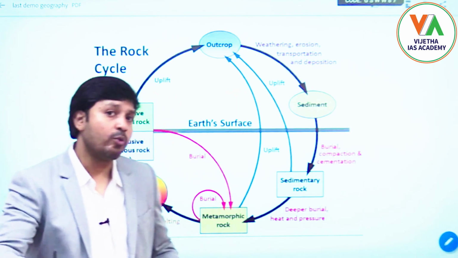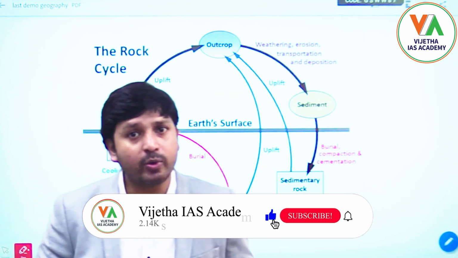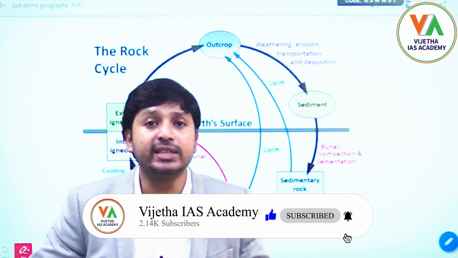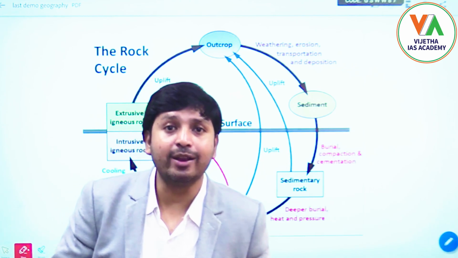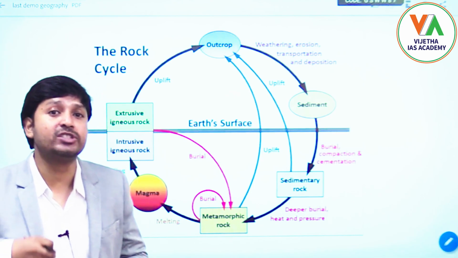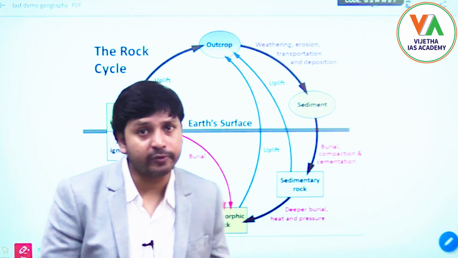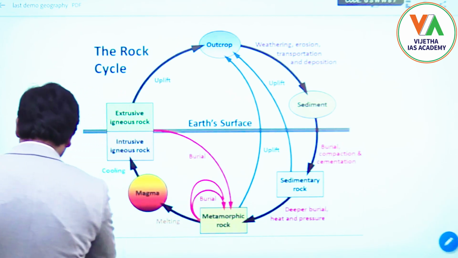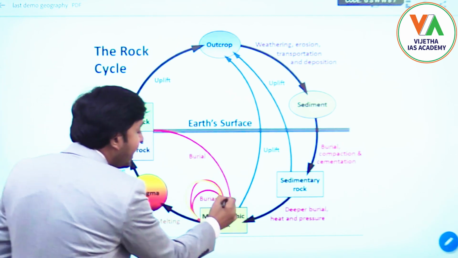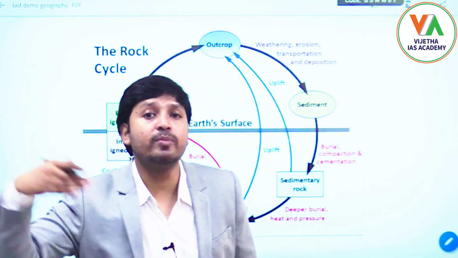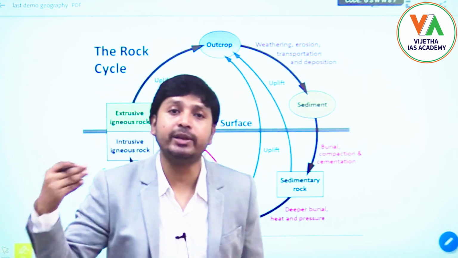And once a metamorphic rock is formed, and once again more temperature or more pressure is applied on that metamorphic rock, then some structural changes will occur within that metamorphic rock and lead to a new metamorphic rock. Metamorphic rock can also convert into a new metamorphic rock because of application of temperature and pressure.